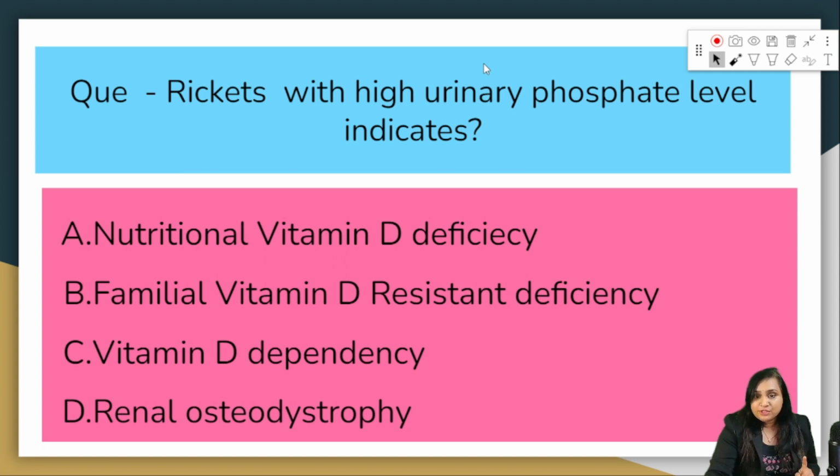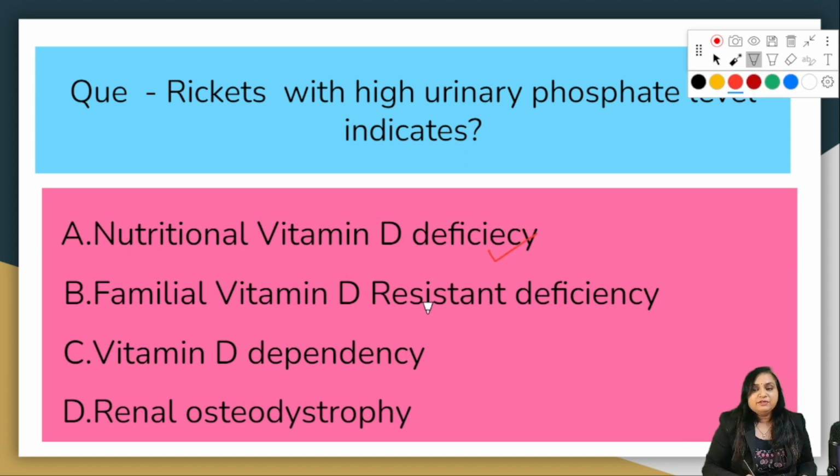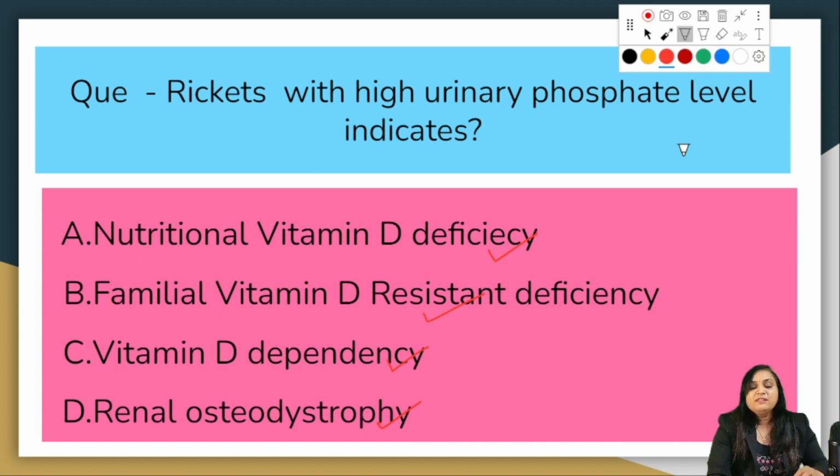In the previous question, we discussed rickets with high serum phosphate. Here it is high urinary phosphate. The options are nutritional vitamin D deficiency, familial vitamin D resistant rickets, vitamin D dependent rickets, or renal osteodystrophy. Whenever we see high urinary phosphate, it means there is something wrong with the kidney, which is not able to handle the reabsorption of phosphate.